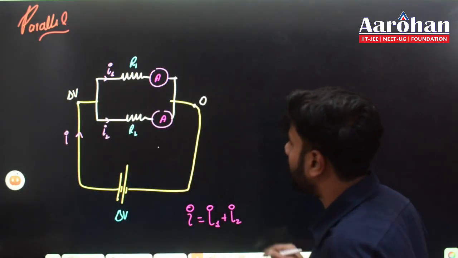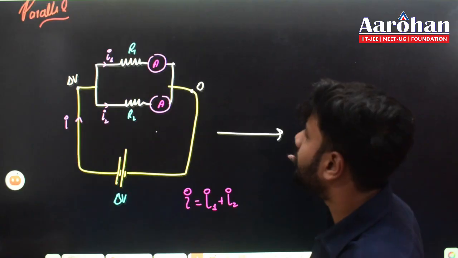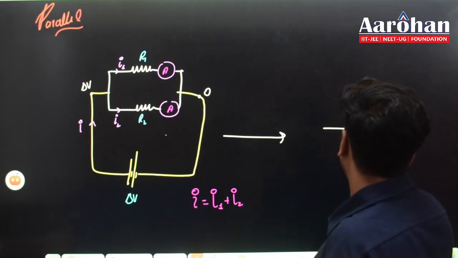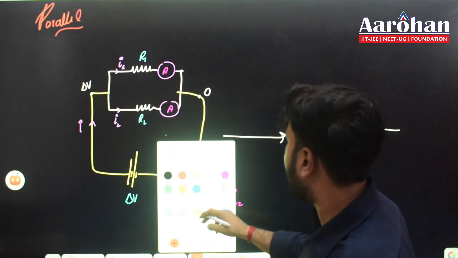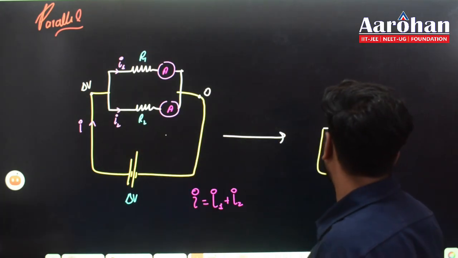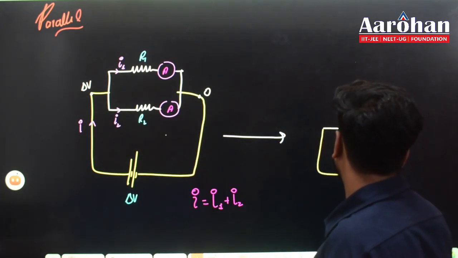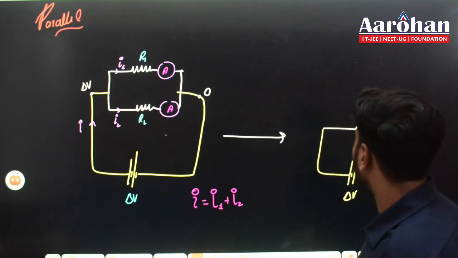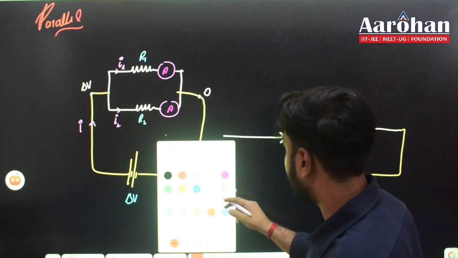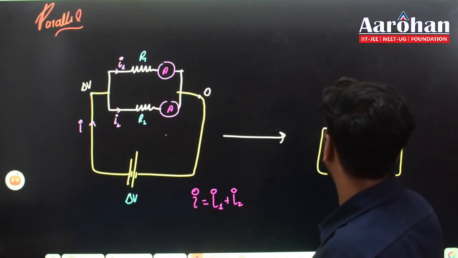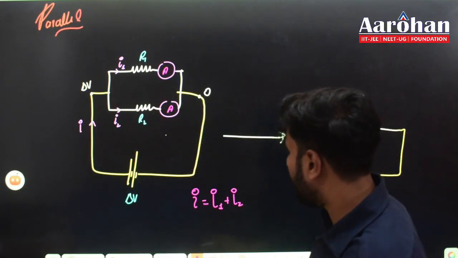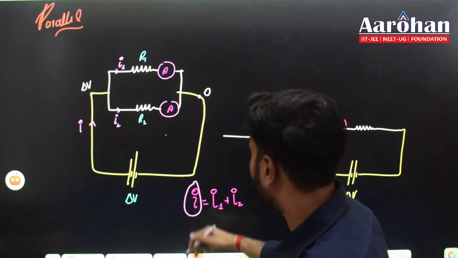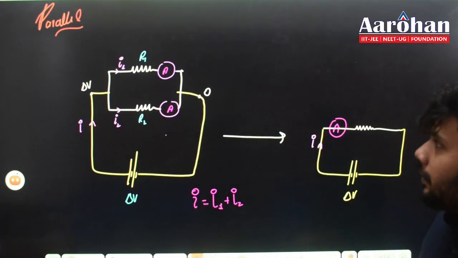So this circuit can also be simplified. You can take another circuit where you will have only one resistor and another battery of the same potential, delta V, and here we can have an ammeter. So this ammeter is giving you the I value, that current value, and the delta V is the same.